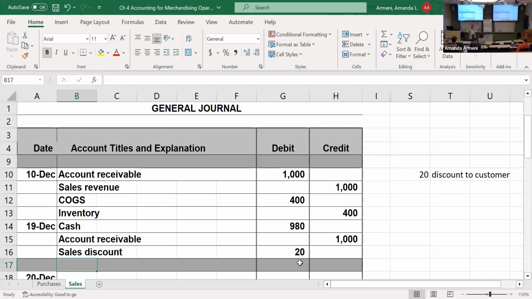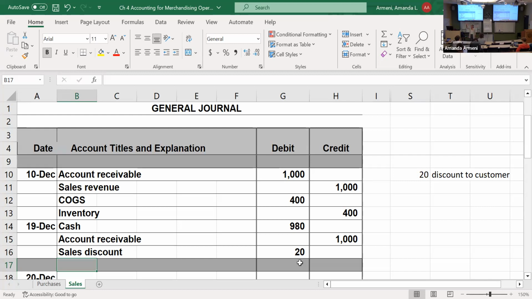Same exact thing. You sold products to a customer for $1,000. That's your sales revenue. The generally accepted accounting principles that we have to follow say, don't touch that. Leave that sales revenue at $1,000. But we just gave our customer a discount. So we know that our sales revenue is actually a little bit less than $1,000. We know that.